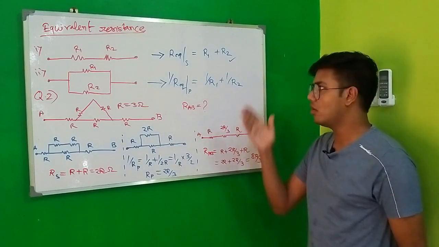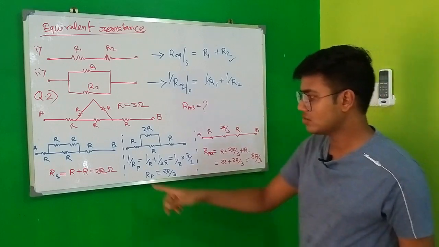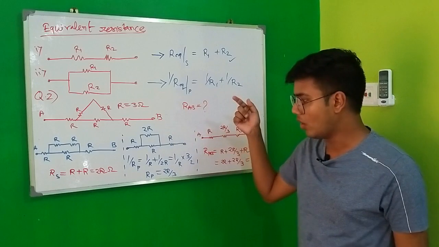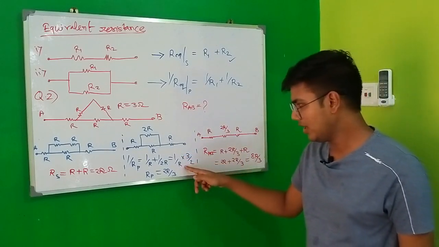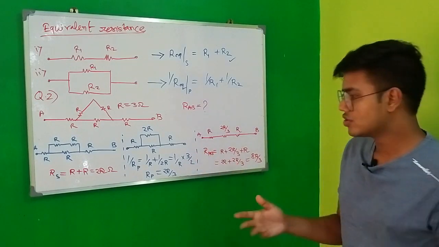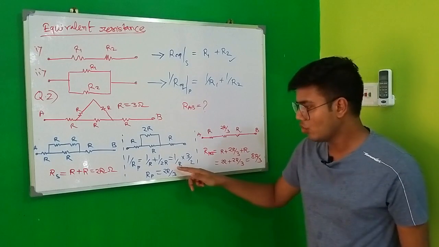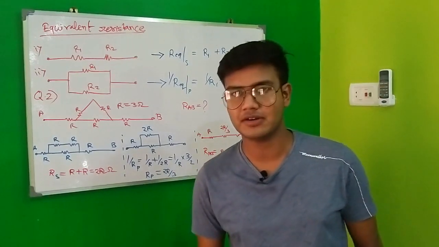We know the formula of parallel combination and we are going to apply it: 1 by Rp equals 1 by R plus 1 by 2R. Taking the common factor 1 by R, it becomes 3 by 2. So Rp, by taking the reciprocal, is 2R by 3. You can also try that by yourself, you will understand it quite better from there.